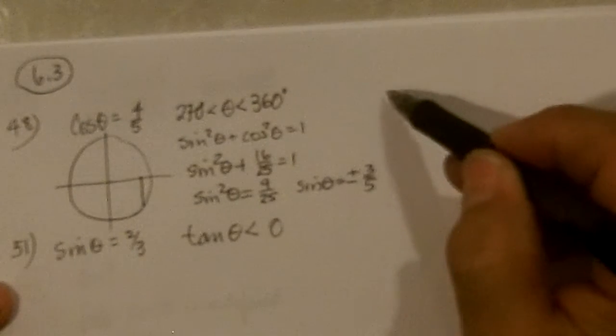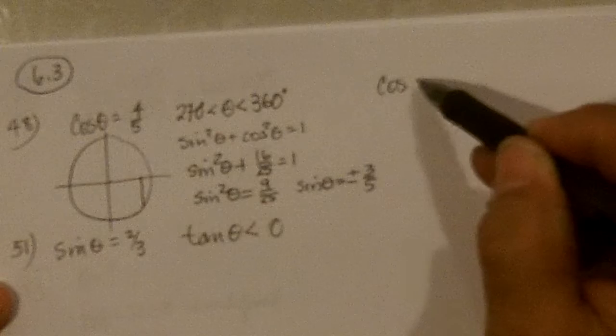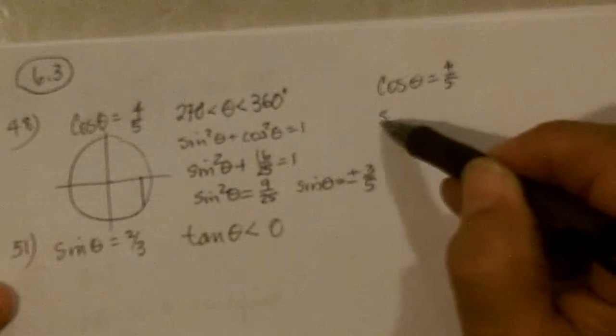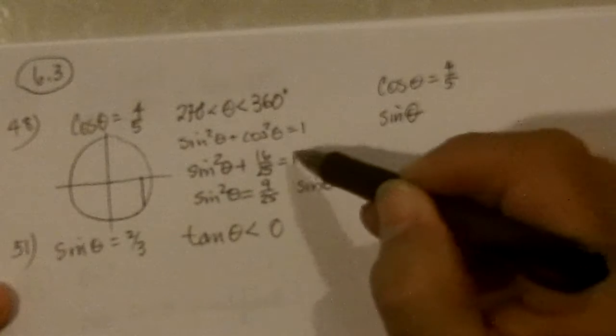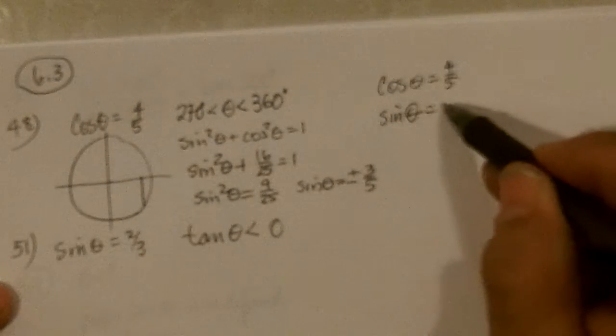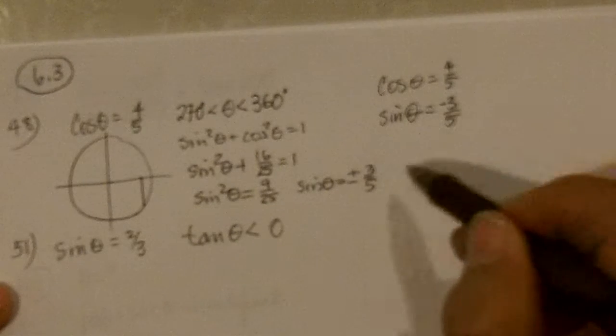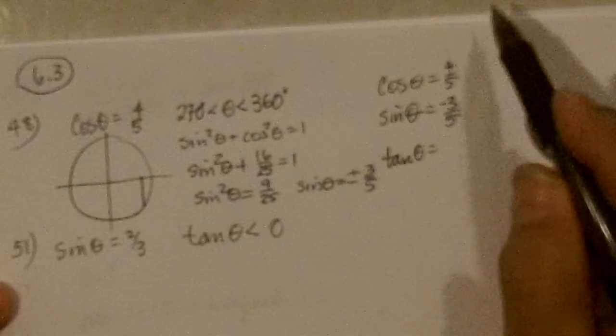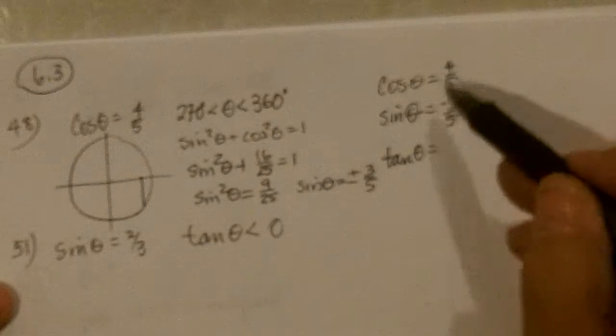So, all 6 trig functions, it gave us the cosine as 4/5. The sine, if it's in that fourth quadrant, has to be negative 3/5, and then the tangent would have to be negative 3/4.